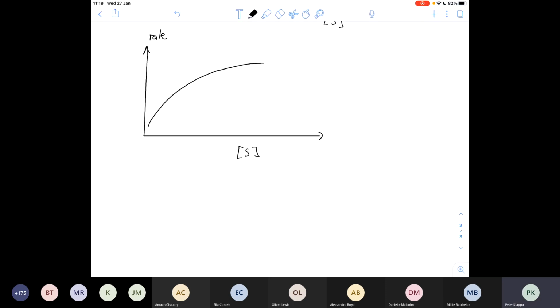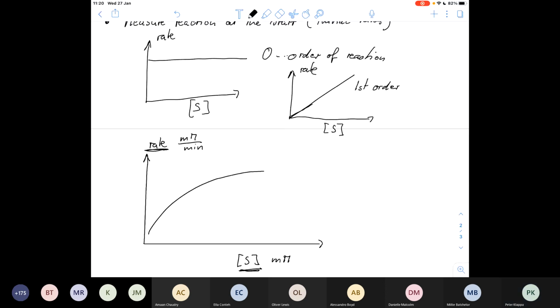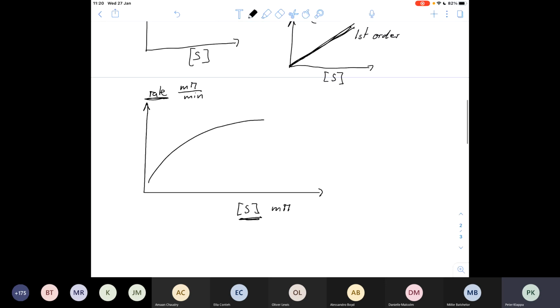We plot substrate concentration versus the measured initial rate. The substrate concentration would be, for example, in millimolar, and the rate in millimolar per minute. And what we see is this weird curve. It is neither really a first order reaction, nor a zero order reaction. Now that's really strange, isn't it?